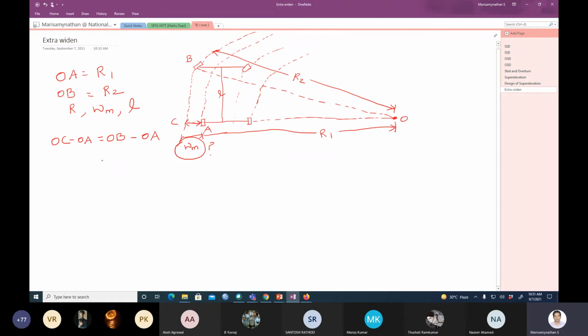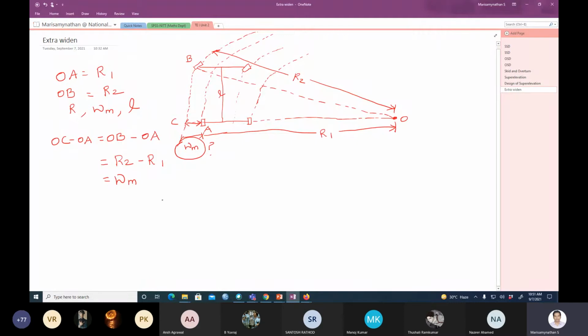Then OB is nothing but R2 and OA is nothing but R1. So R2 minus R1 is nothing but the width of the mechanical widening.